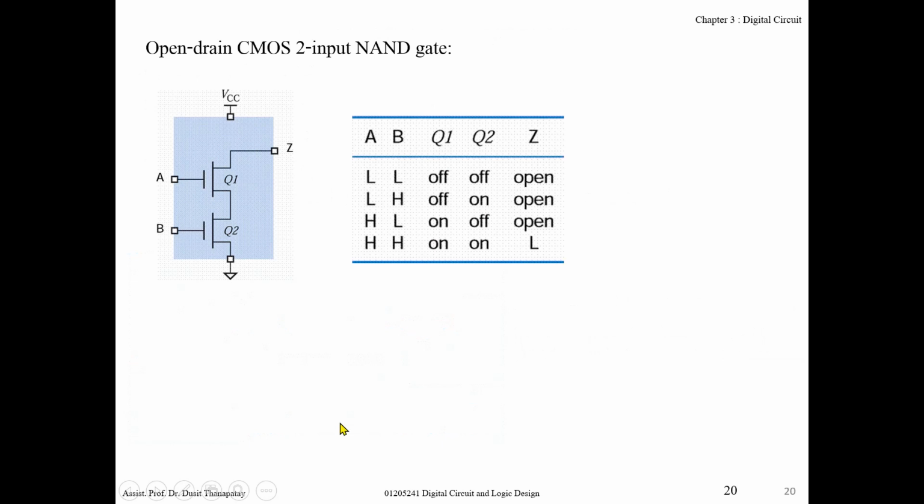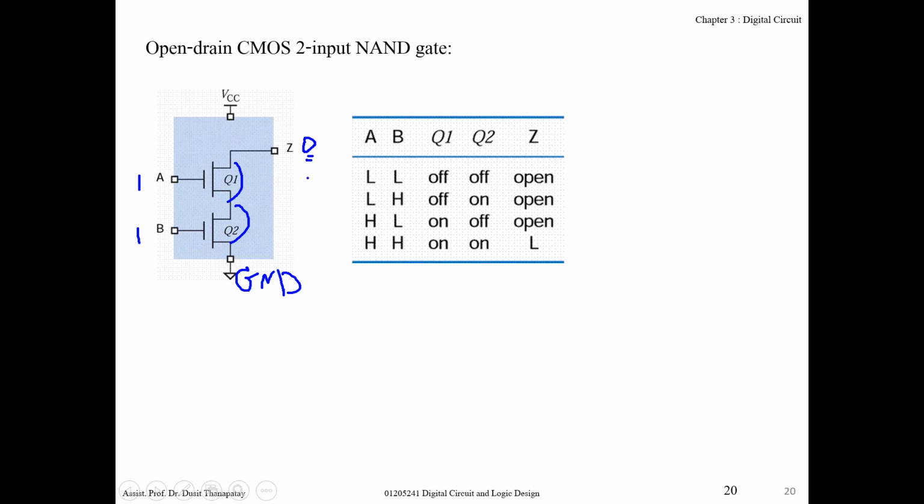For this circuit, note there is no connection to VCC at the drain terminal. Then what happens if I apply 1? This one turns on, so output Z connects to ground, and it becomes logic 0.